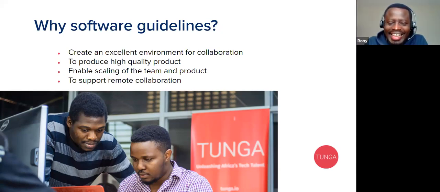Yes, exactly, I can. So we are building an agriculture value chain management, and we started with just 2 developers. And along the way, we realized that we need more people to join the team. So we had to scale it, backend people to be 3, then front end, then we had to bring in a DevOps engineer.